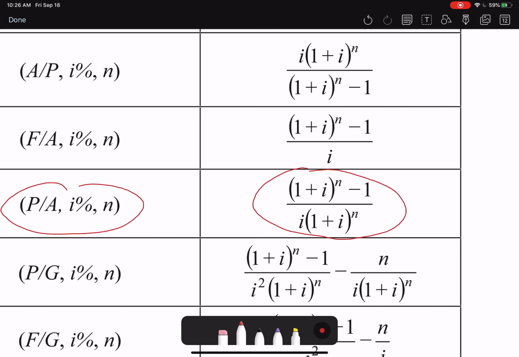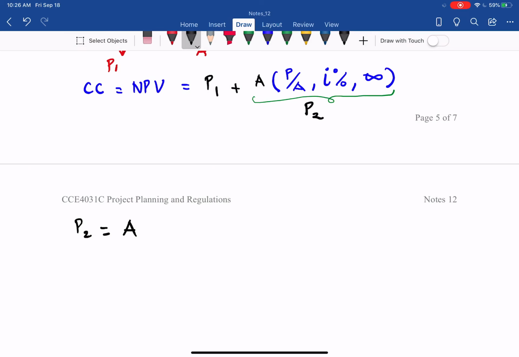Okay, so with that, P over A is 1 plus I power n minus 1 over I 1 plus I power n. But our n is infinity.